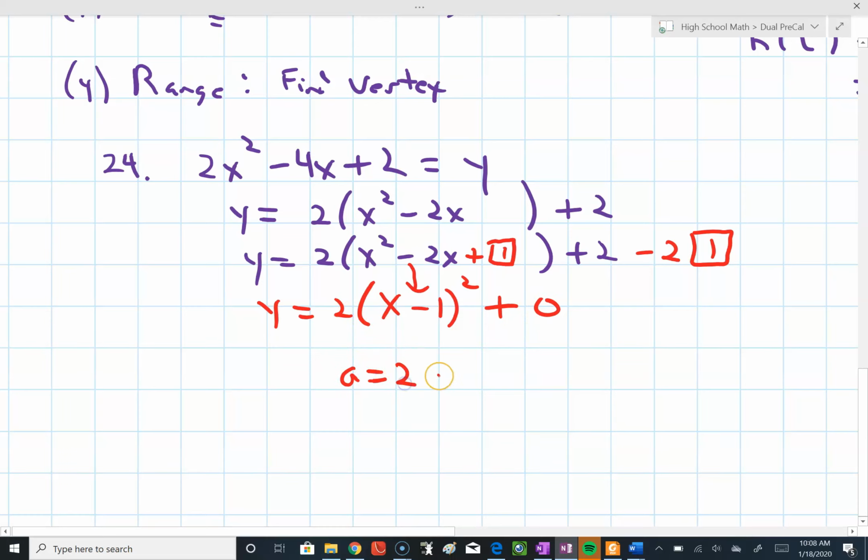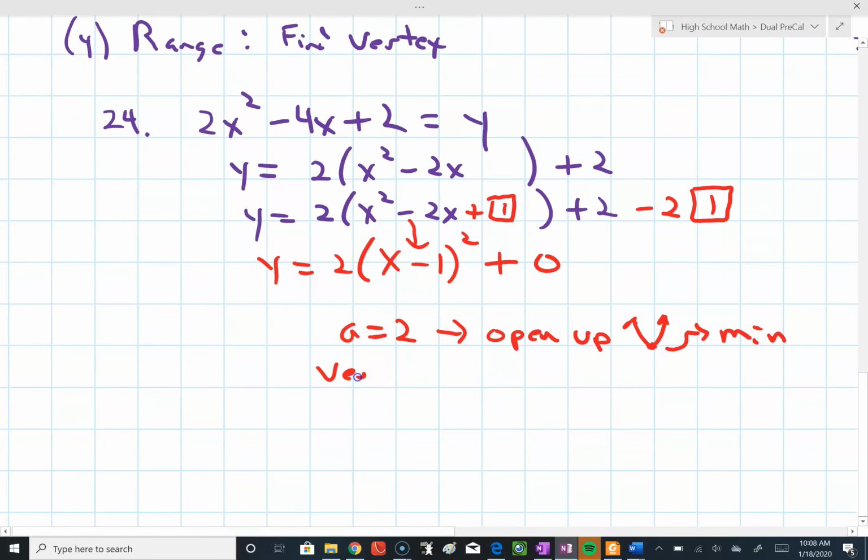My coefficient out there. That tells me that we're going to be opening up if we were graphing it. Thus, our vertex is a min this time. And our vertex would be located at h, k.